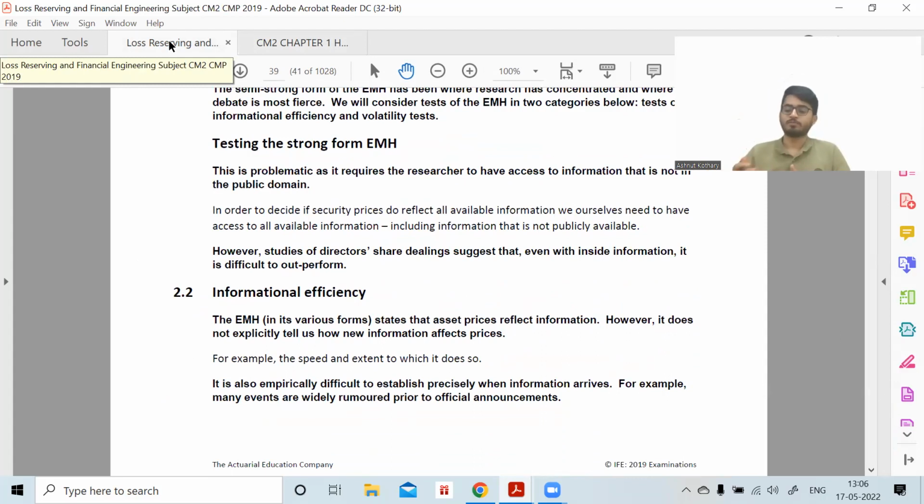When I was talking about semi-strong form, I was saying that the current market price reflects all publicly available information. The first thing you should question is, when do you define that information as made publicly available? It could be that financial results were released on 1st January; you can say on 1st January this was made publicly available. What if there is some speculation regarding a merger? Like recently, if you are aware, Adani's are taking over Ambuja Cements.